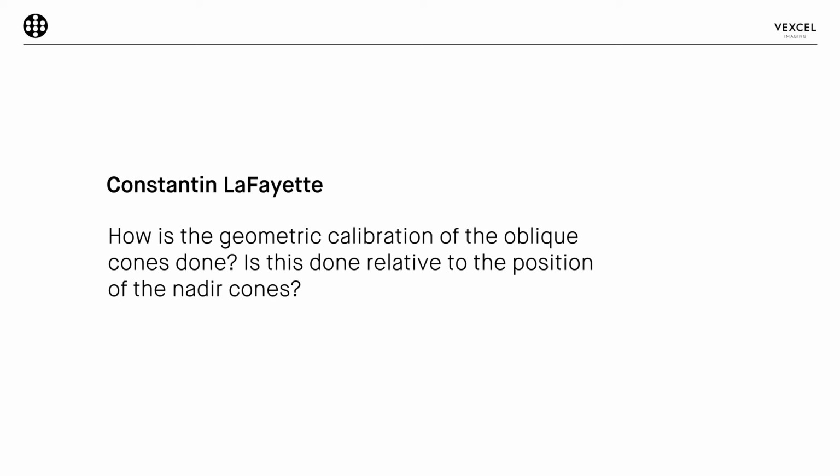And in addition to that, we are estimating or measuring the offset from the nadir cone center. That is also being calculated from all the calibration images in our laboratory.